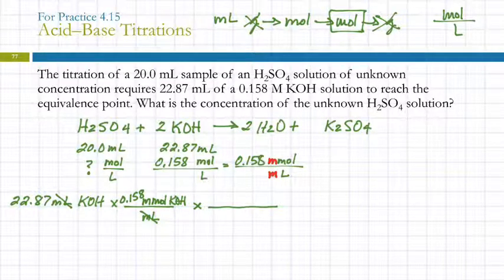So next I would normally do moles of H2SO4. H2SO4. And I would put moles of KOH in the bottom. But we're using millimoles. So this is millimoles of H2SO4 to millimoles of KOH.